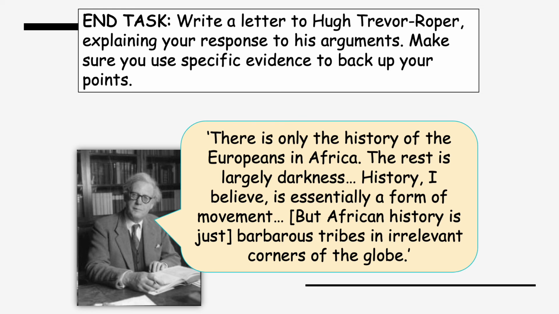So, having discussed the fact that Hugh Trevor Roper made his comments in the context of his time, we can then get our pupils to respond to Hugh Trevor Roper to explain what they think of his statement, and they can use specific evidence and explanation to back up their points.